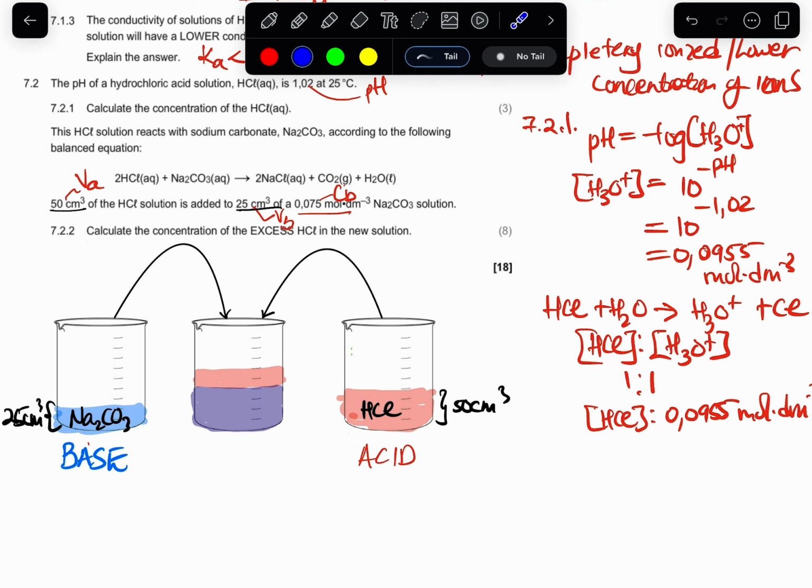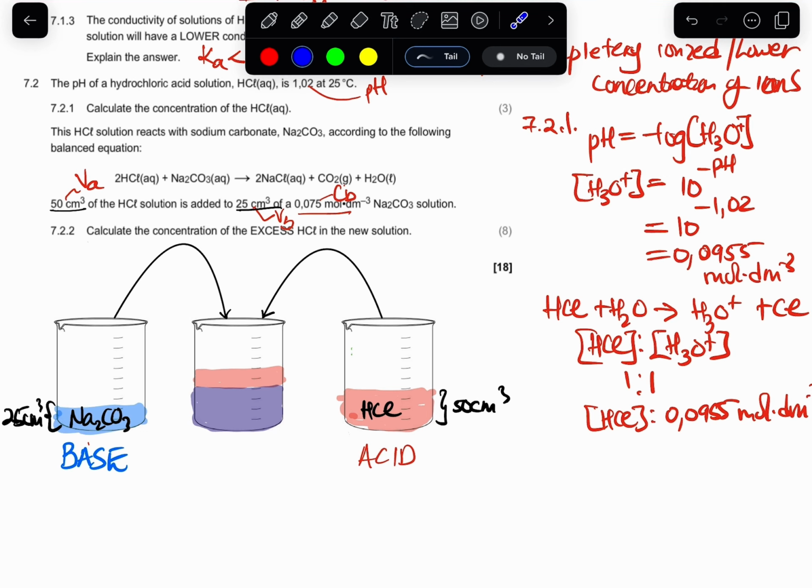But looking at the amounts, we can simply conclude which one will be in excess. Because the amount of this is bigger than the amount of this, HCl is going to be in excess. Looking at the question, it says calculate the concentration of excess hydrochloric acid in the new solution. So we want the concentration of what will remain from the hydrochloric acid in this new solution.